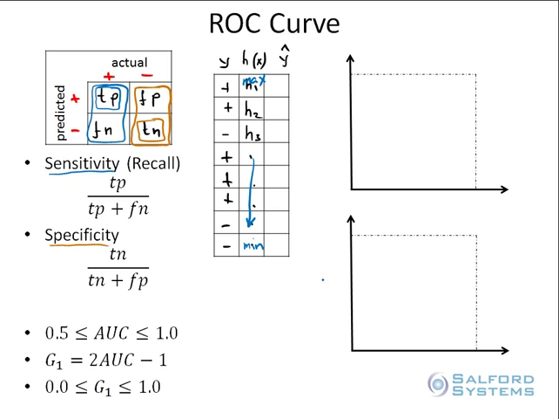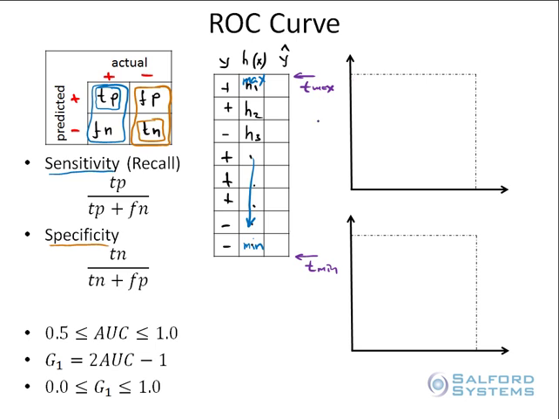And now let's take our threshold and see what happens to our sensitivity and specificity as we vary the threshold from the minimum, T min, to the maximum, T max, and all of the intermediate cases.